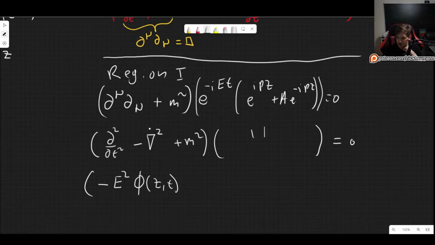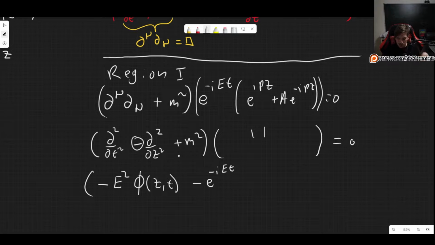And then we have the spatial derivatives, which in this case will only be in the z direction. Now this part may be a little bit confusing, at least it's just regular calculus, but let's not make any mistakes, so let's just do it slowly. So we have, let's see, plus, or rather minus, minus e to the minus i E t.